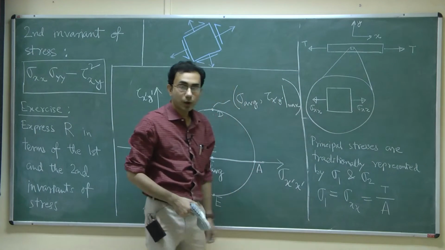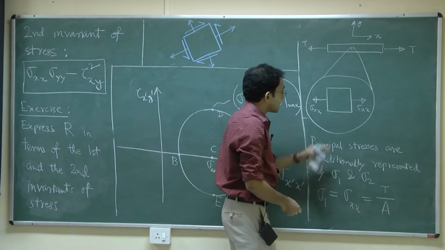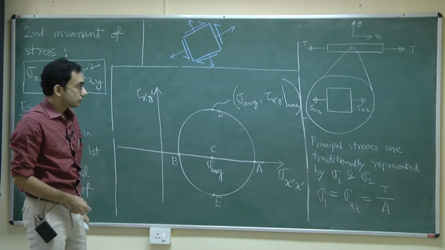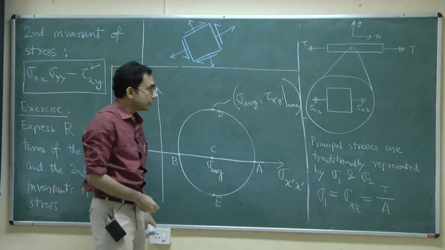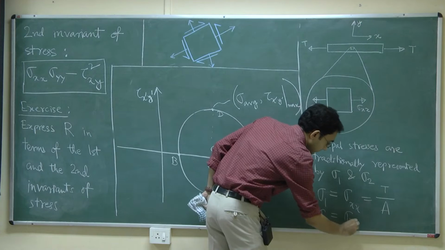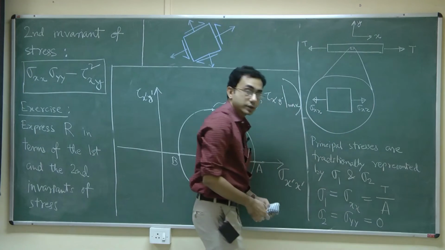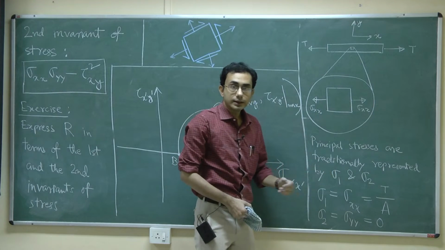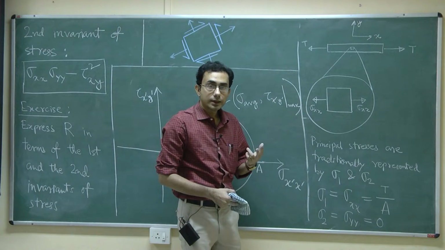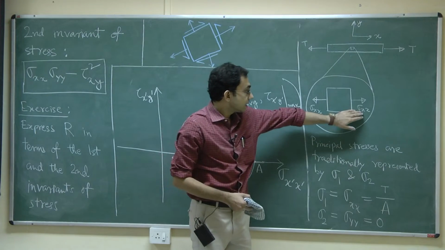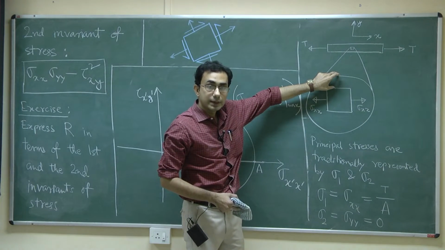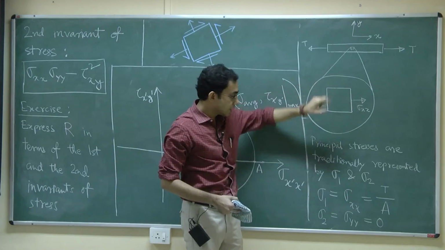So, this is my sigma 1. I have also said that sigma yy is equal to 0. So, what happens now? Where should my sigma 2 be? Well, why should this be true? Well, we have already seen earlier that the difference between the two possible solutions of theta p, they differ by 90 degrees. Here we have the sigma 1 appearing here, the sigma 2 must necessarily be appearing here, but that sigma 2 is nothing but sigma yy, and that is equal to 0.